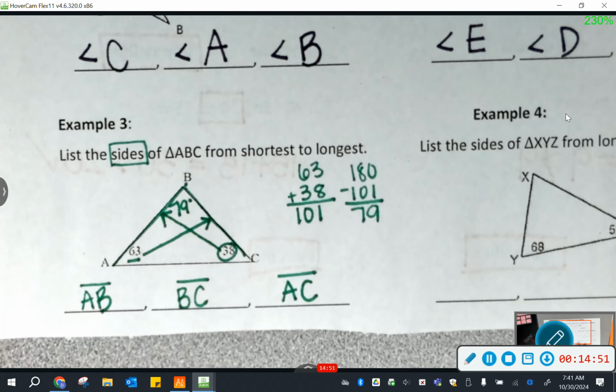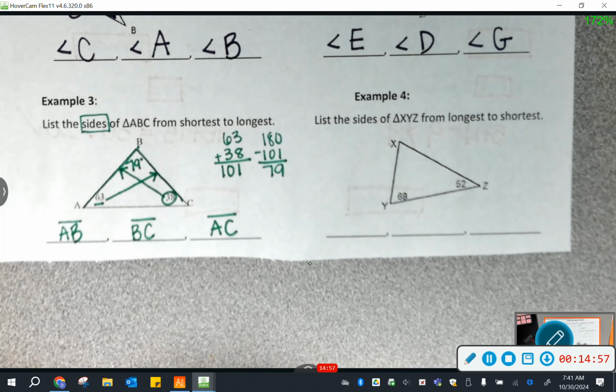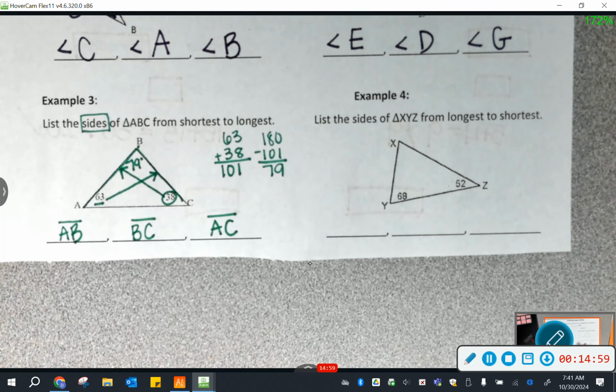I want you to do example 4. Go. You do example 4. How do you find that missing angle?